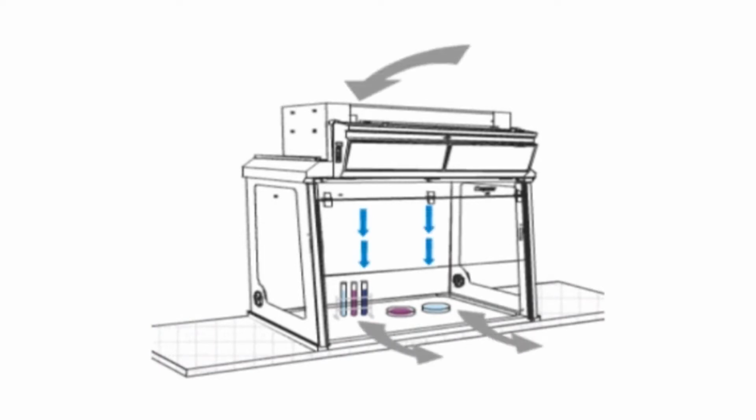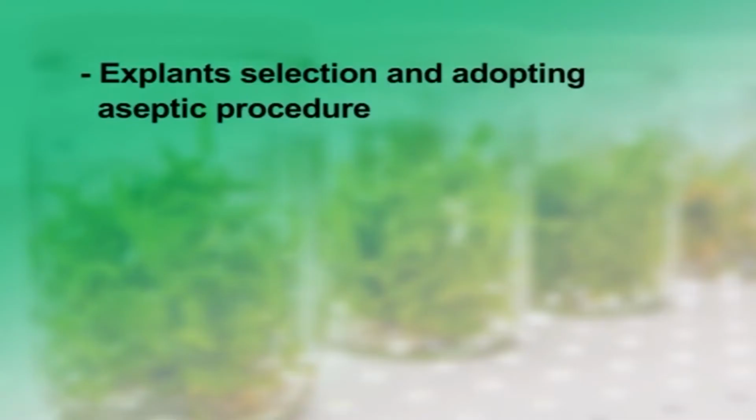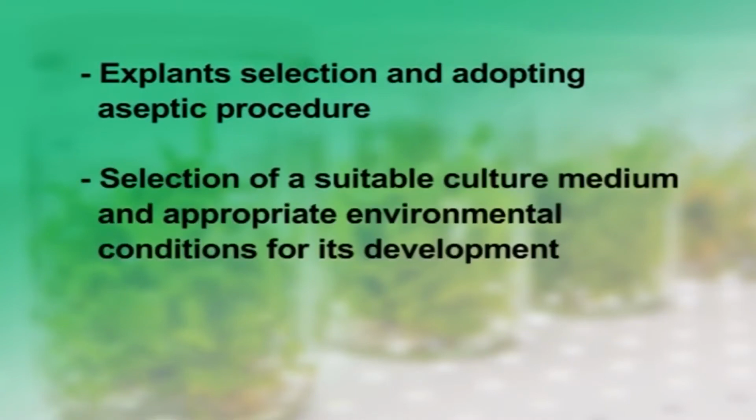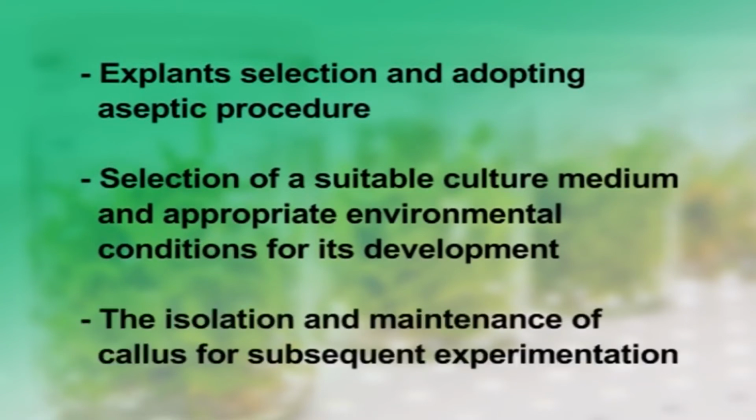For the initiation of the culture, the important considerations to be taken into account are explant selection and adopting aseptic procedure, selection of a suitable culture medium and appropriate environmental conditions for its development, and the isolation and maintenance of callus for subsequent experimentation.